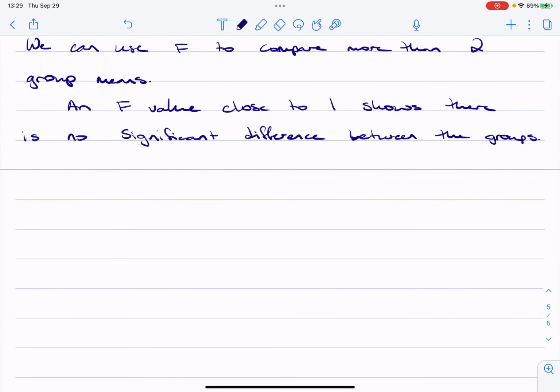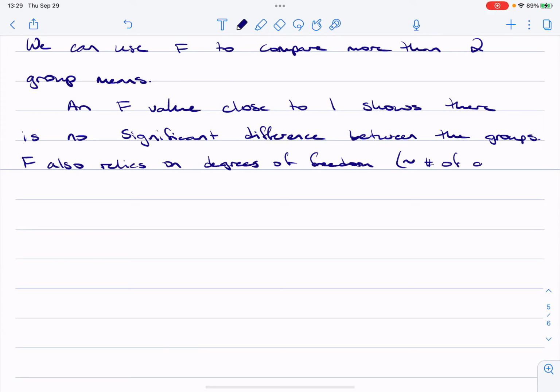F also has degrees of freedom. So F also relies on degrees of freedom, which is related to the number of groups. It's not exactly just the number of groups, so I'm not saying that, but once we do the hypothesis test, we'll see. It's a couple of sources of degrees of freedom.